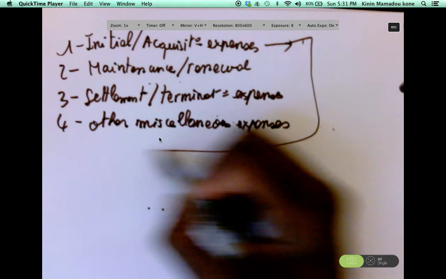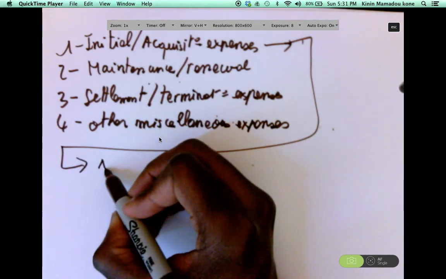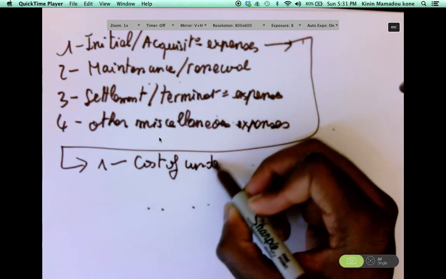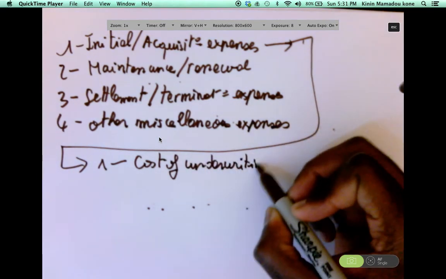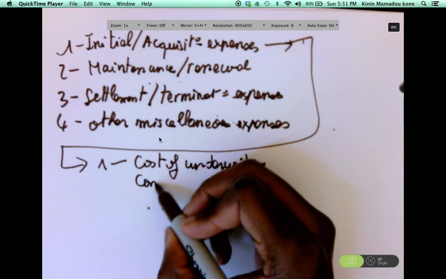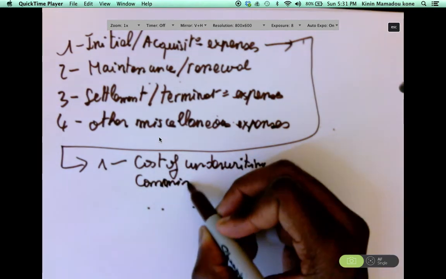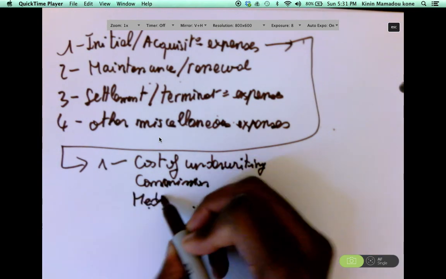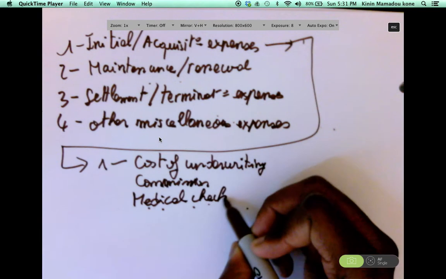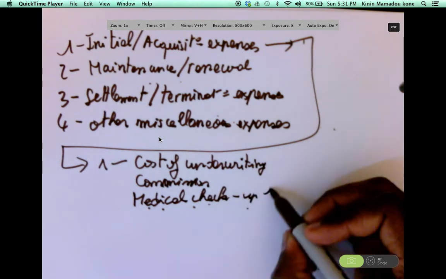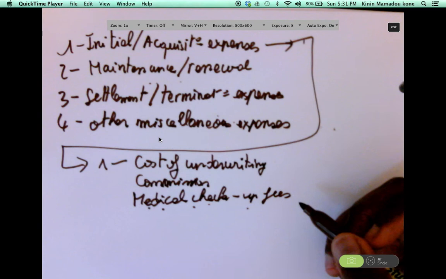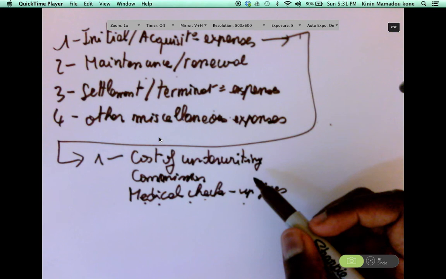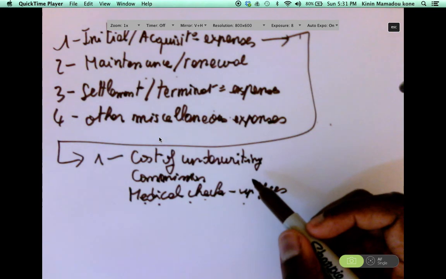It includes commission, medical checkup, fees, and sometimes it can be fixed costs, or sometimes it also depends on the amount of insurance.